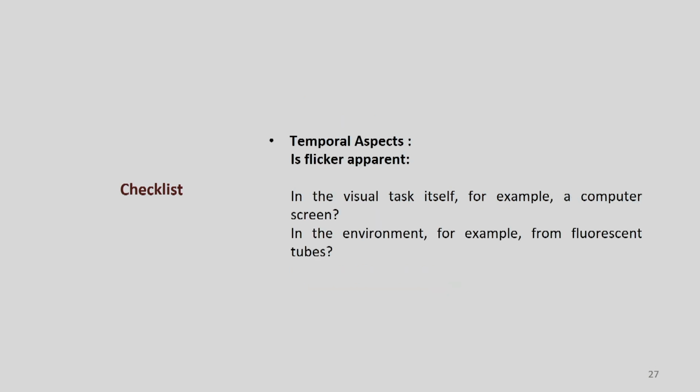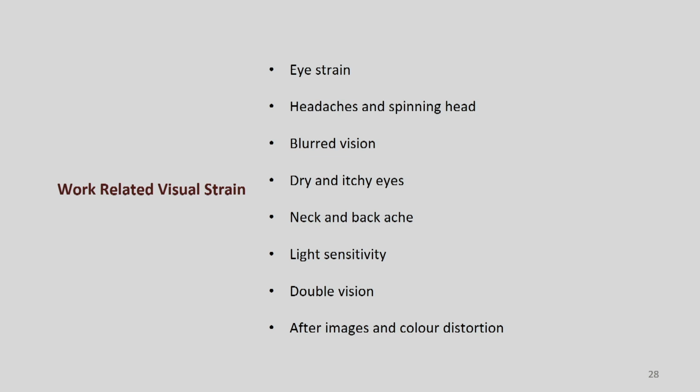For the temporal aspect also, you can see that in the visual task itself, for example, in a computer screen. Is it within the computer screen or not? How is it happening? So, these are the checklists. Now, when we are talking about all these parameters, or variables like luminance, lux and all those things, then after understanding how it is related to the human body and how it is relevant to performance, of course, when there is a negative impact, especially when glare is present, your performance will be hampered.